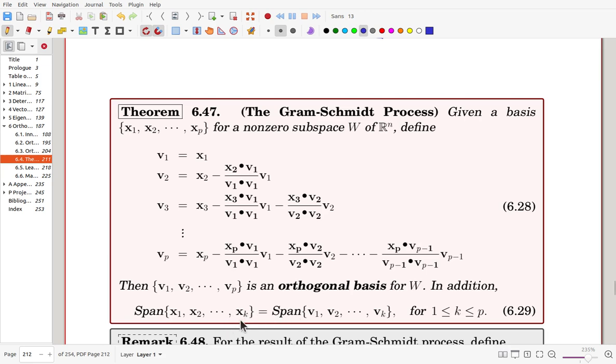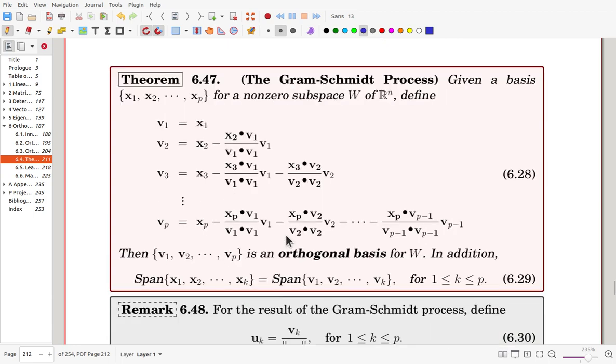Okay? For any k between 1 and p. Earlier we already know that the span of x1, x2 is the same as the span of v1, v2. Again, the span of the three vectors must be the same as the span of the three vectors, and so on. Okay?